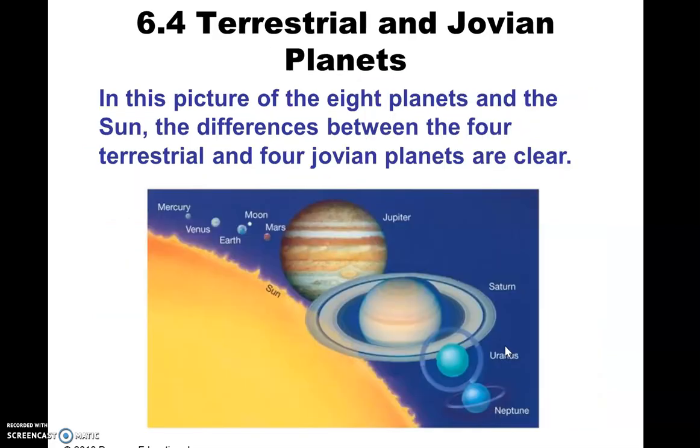All right, so this is a picture of the 8 planets and the Sun in comparison. They're trying to give you a sense of the size. Notice the Sun is by far the most massive object in the solar system. It takes up like 99.9% of the total mass compared to everything else.